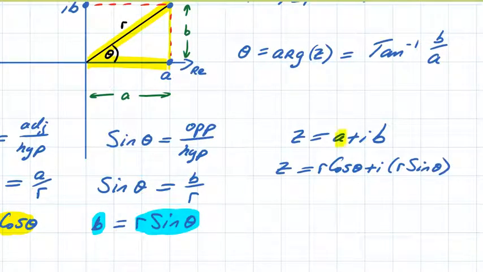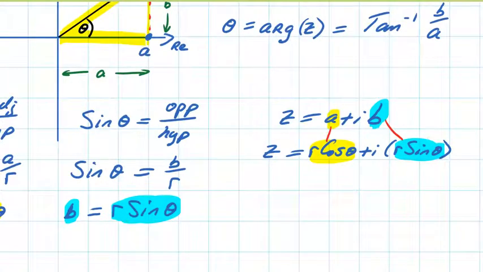So that's the direct substitution. A in the old world of Cartesian becomes r cos theta in the new world of polar, and b becomes r sine theta. So that's a direct swap, old for new.